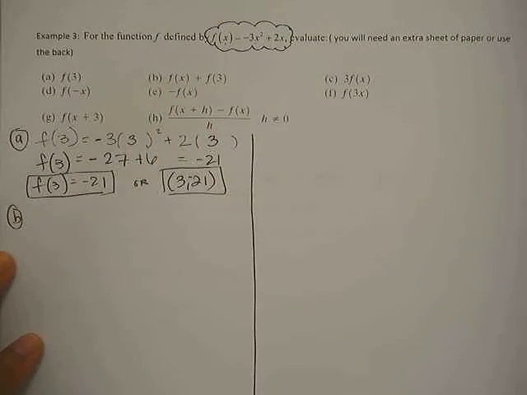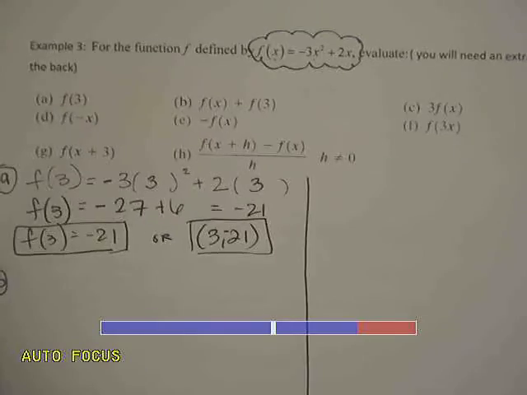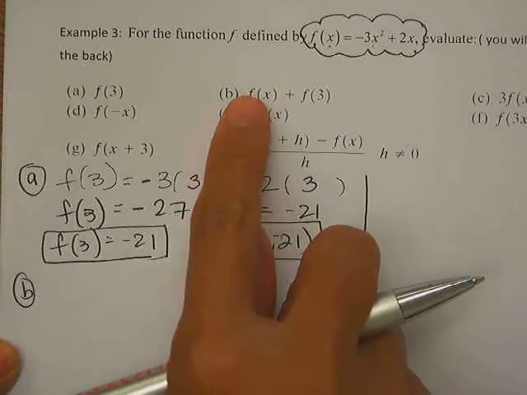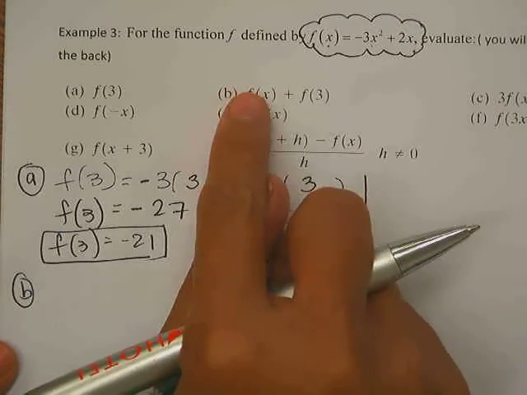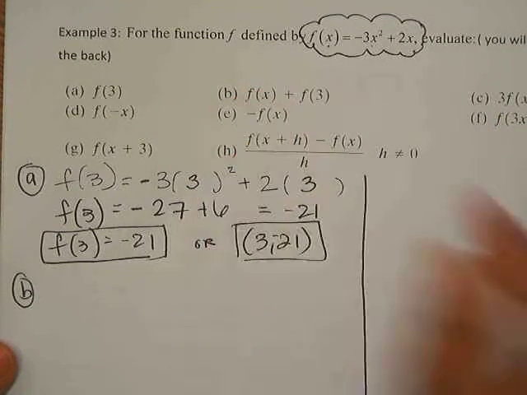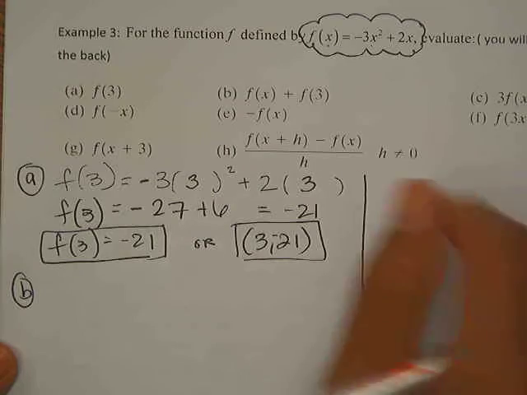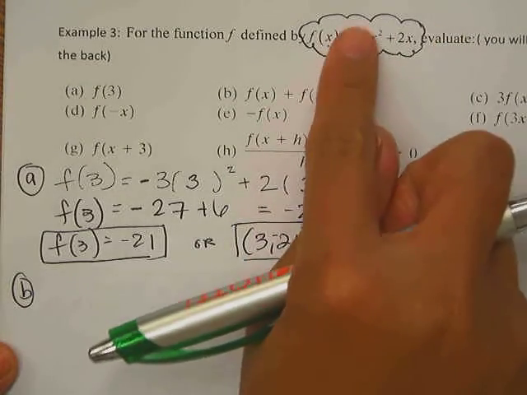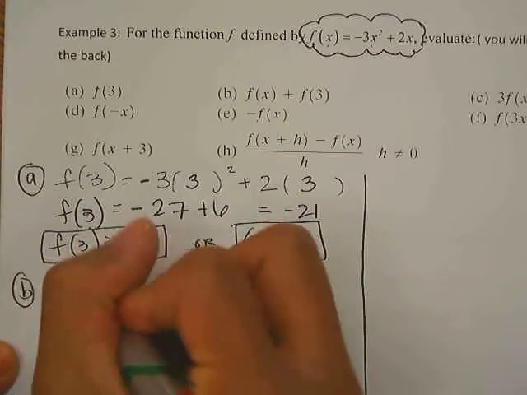Okay. Let me zoom in, all right? Because I only need to focus on the function, and then B. So right now, my question to you is, do we know what f of x is? f of x equals. So now we're going to take out f of x and put in this. Let me just write this question first, okay?